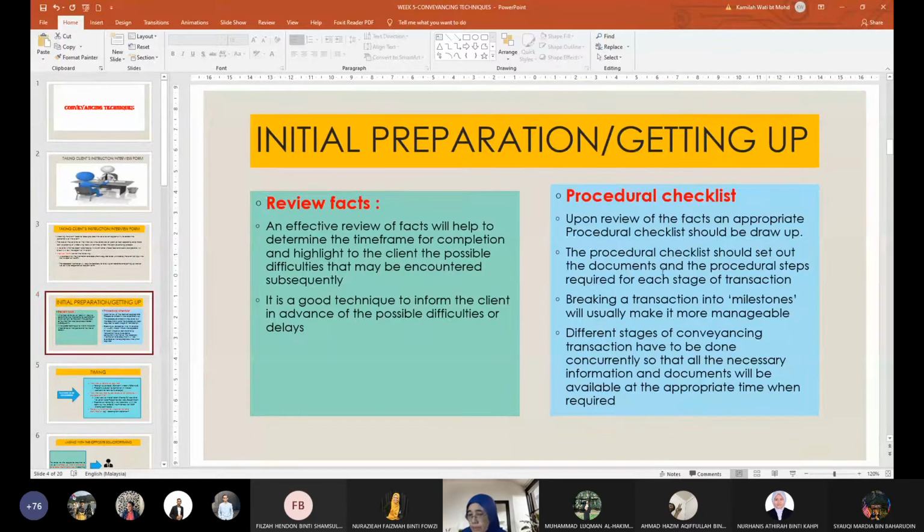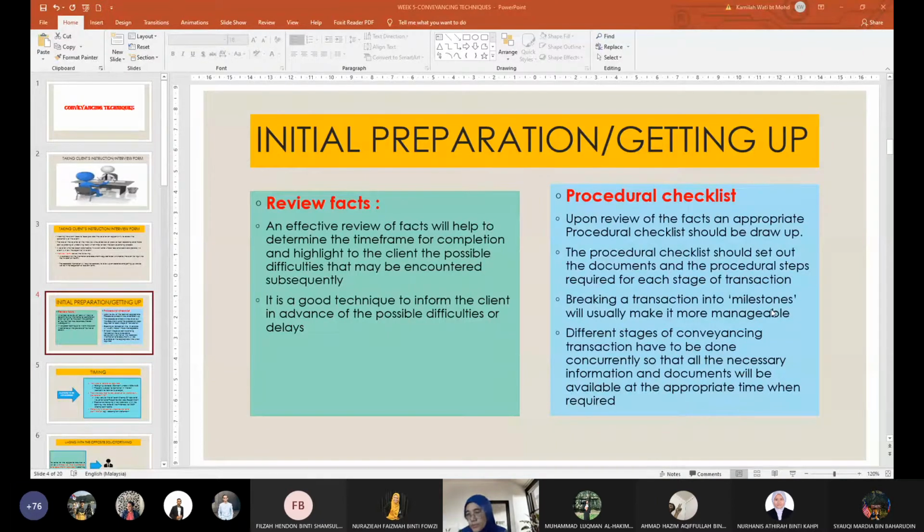So what is the purpose of this procedural checklist? Set out the documents and the procedural steps required for each stage of transaction. So kita akan outlinekan apa benda yang kita kena buat throughout the transaction. So breaking a transaction into milestone will usually make it more manageable.